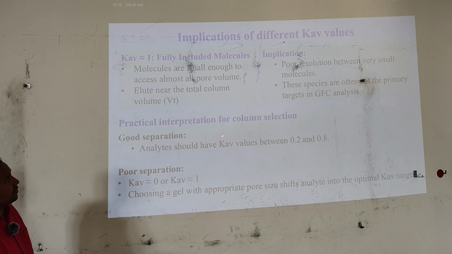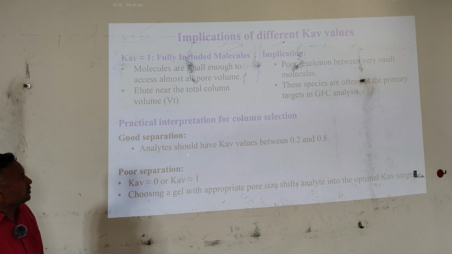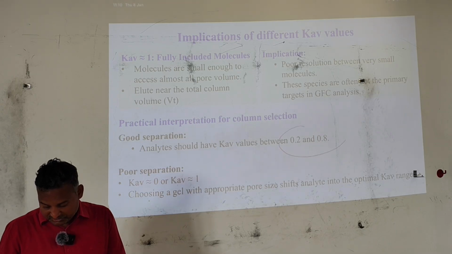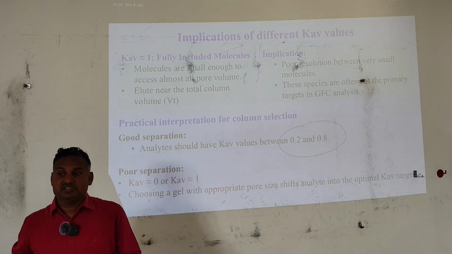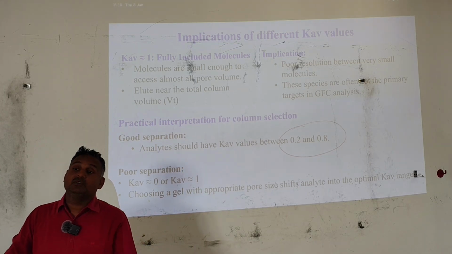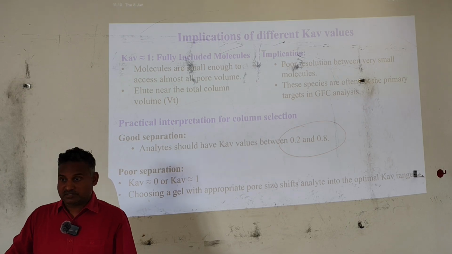Practical interpretation for column selection: for good separation, analytes should have KAV values between 0.2 and 0.8. This is the best KAV range, the ideal range of distribution constants.